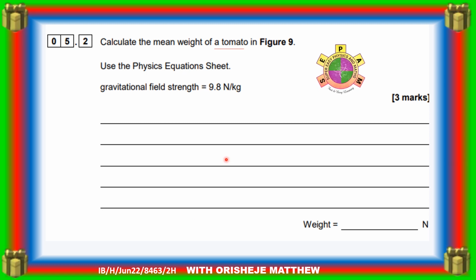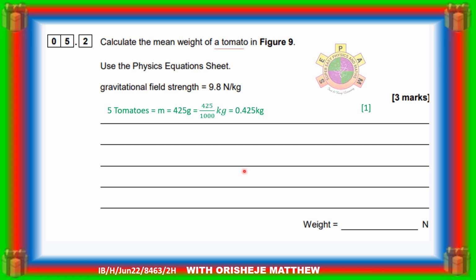We have the 5 tomatoes, so convert the mass to kilogram. The 425 grams, convert it to kilogram by dividing by 1000. Why do you need to convert it? Because the strength of gravity is given to you in Newton per kilogram.